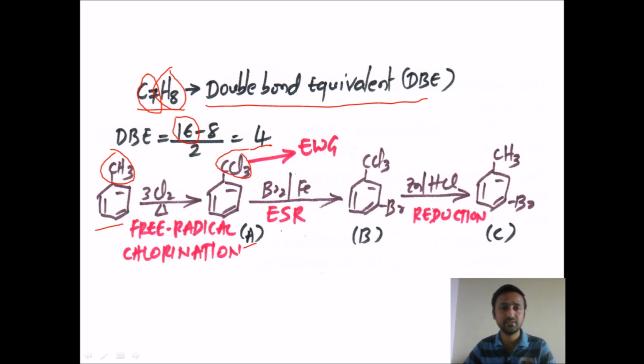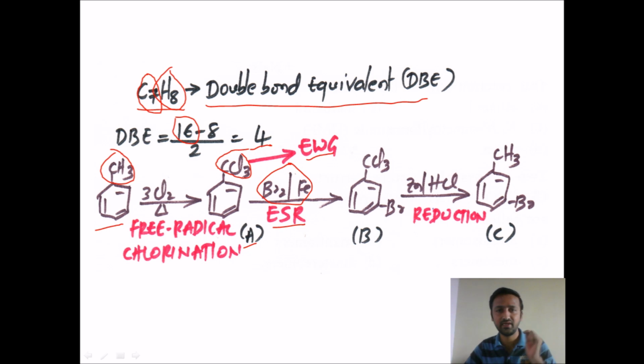The second reaction is electrophilic substitution using bromine in the presence of Fe as a halogen carrier. On benzene you can see the group CCl3, which is an example of an electron withdrawing group, and we already know its orientation.